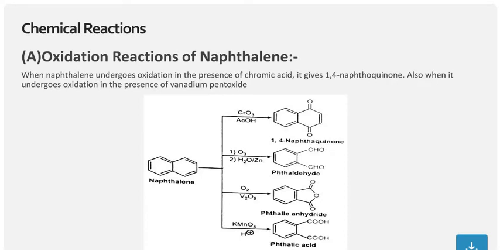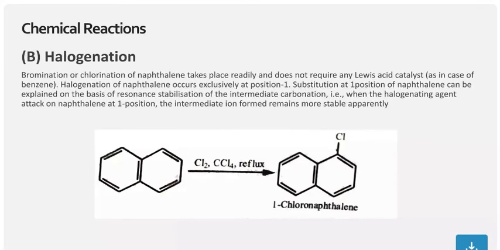First one, chromium oxide, acetic acid, you will get 1,4-naphthaquinone. Ozone, zinc, water, it gives phthalaldehyde. In the presence of vanadium pentoxide, oxygen, phthalic anhydride, and in the presence of KMnO4, you will get phthalic acid.